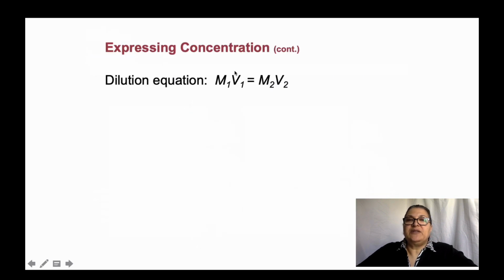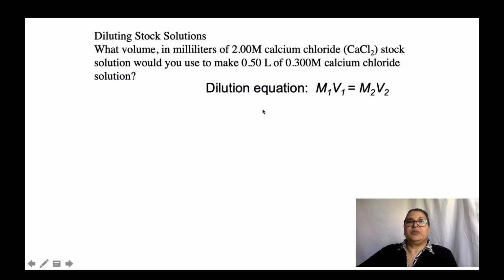So there's a relationship. There's a formula: the dilution equation. Molarity, M1 times V1 equals M2 times V2. So the first is initially too concentrated, and the second one is when we add more water and make it less concentrated. So let's give an example.